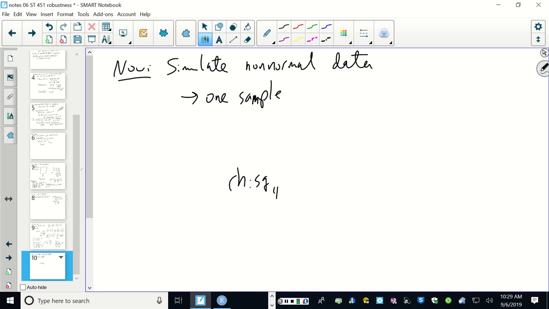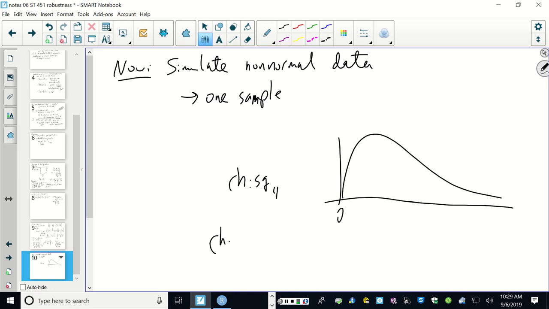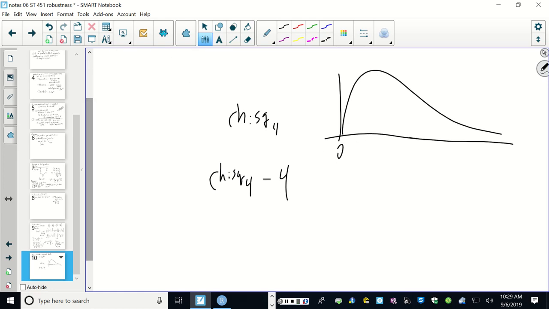A chi-square distribution with 4 degrees of freedom is a distribution that looks kind of like this. If it starts at 0, it has a mean of 4. So a chi-square probability distribution, where we subtract 4 from every value, is going to be centered at 0. So here's -4, here's 0, so it would come up like this.